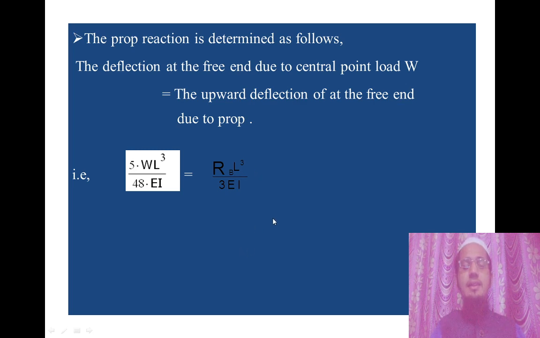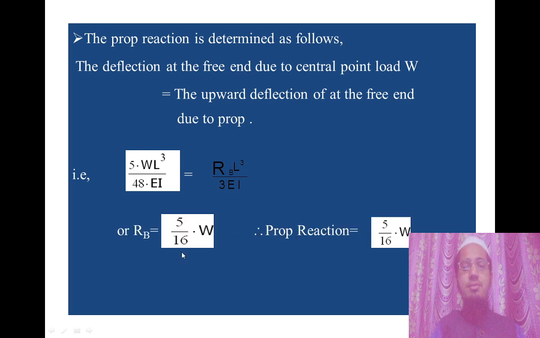By rearranging and solving, we will get the prop reaction as 5 by 16 times W. Likewise, we can find the extra reaction at the prop end in case of a prop cantilever. Hope you have understood.